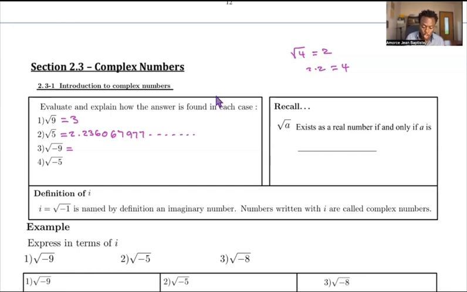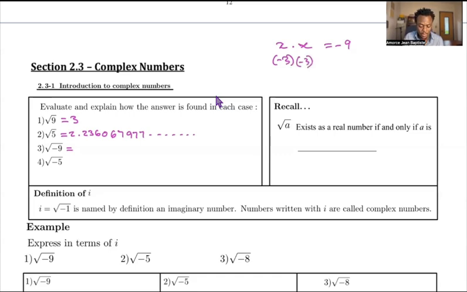So there's no number x such that x times x gives you -9. No, there's no number like that. Because let's say x is -3.